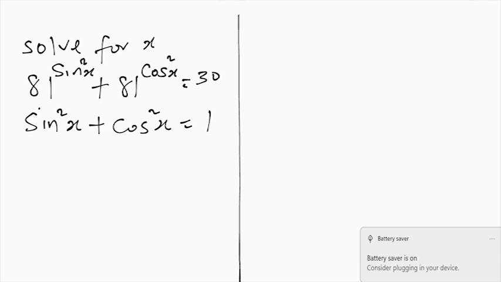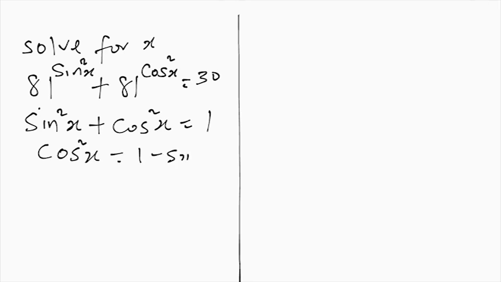If you decide to make one the subject, we can make cos square x the subject. So it implies that cos square x equals 1 minus sine square x. Hence, anywhere you see cos square x, you can make use of 1 minus sine square x.